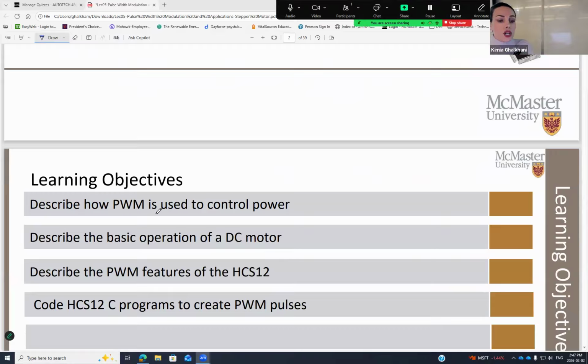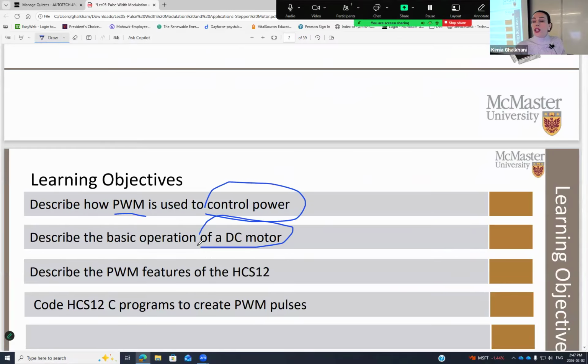Therefore, in this lecture, I'm going to look at pulse width modulation in order to control the power, in order to look at the operation of the DC motor tomorrow during the lab time. Today during the lecture, I'm going to go over the details, the steps that you need to take in order to do so.